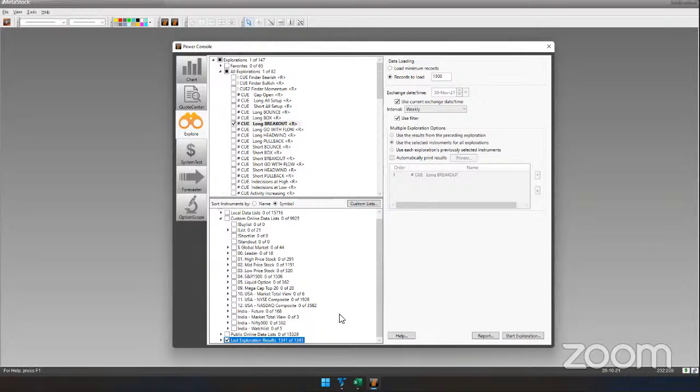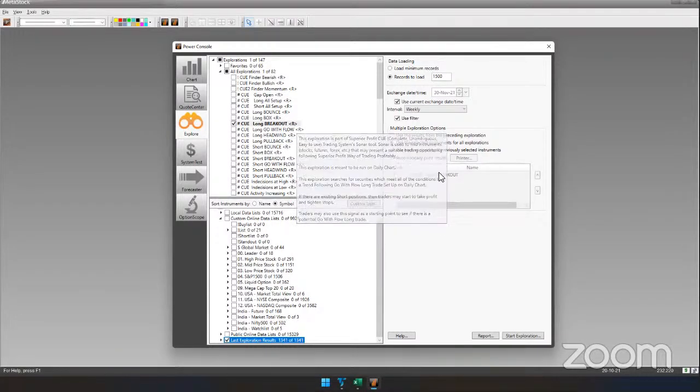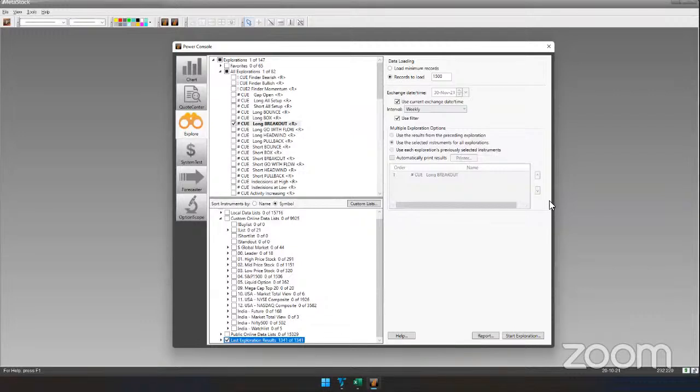So if I am using the last exploration result, I don't need to save it in a list. It's already there in Metastock. Use that to create a list of stocks that are breaking out in daily. And I'll change the interval to daily and run it. That way I'll have at weekly trendline support breaking from daily trendline resistance.